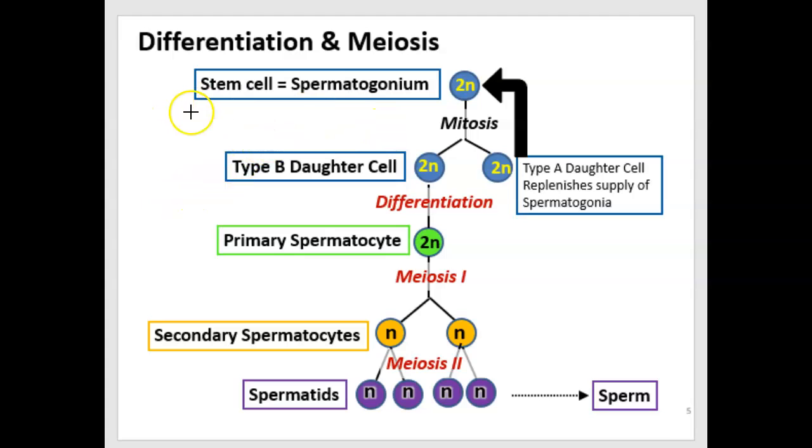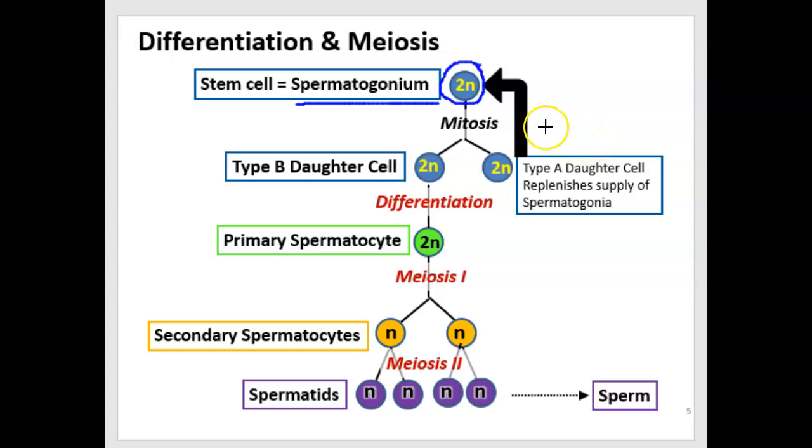The stem cells that have 46 chromosomes, or you could say they're diploid, 2N, are called spermatogonium, or spermatogonia for plural. One spermatogonium is a stem cell, and stem cells divide. That's what they do, to replenish other cells in our other organs.